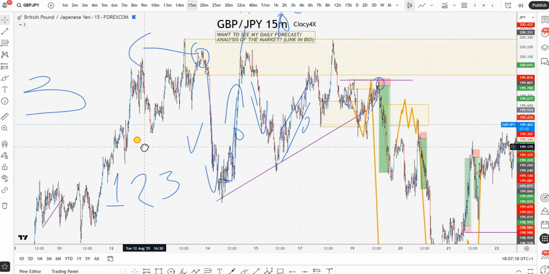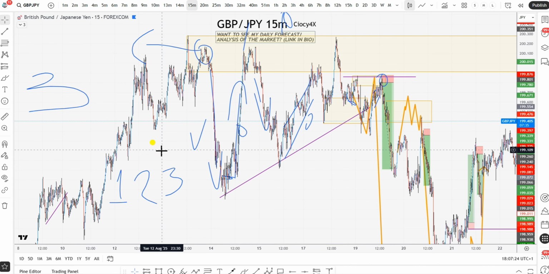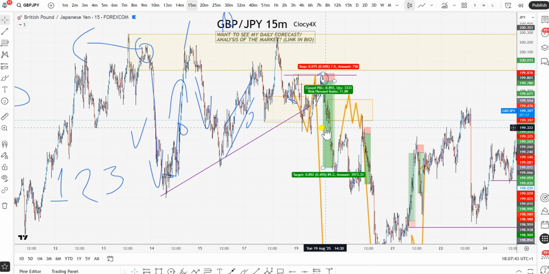In order for you to be patient, every time they say you have to be patient, you need to understand that if you get on the chart, like you see the way I have developed from this end all the way to this end, a specific narrative, right? If I jump on the chart every single day in here, in here, in here, this narrative development that allowed me to take this trade will not be happening every single day.